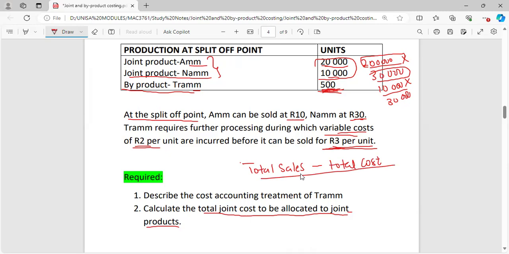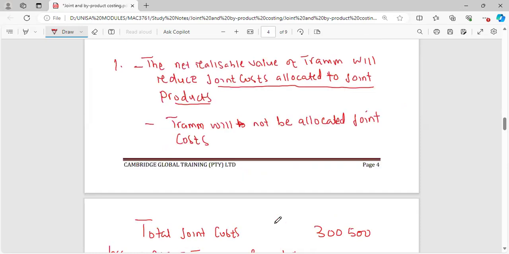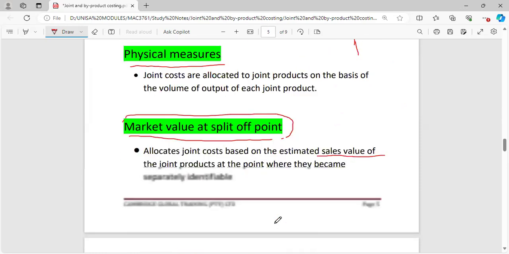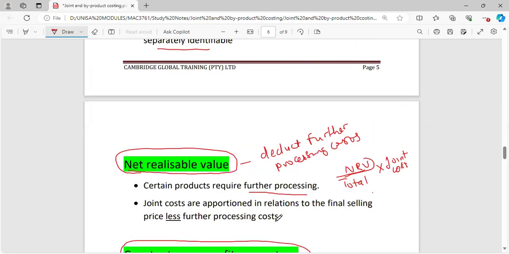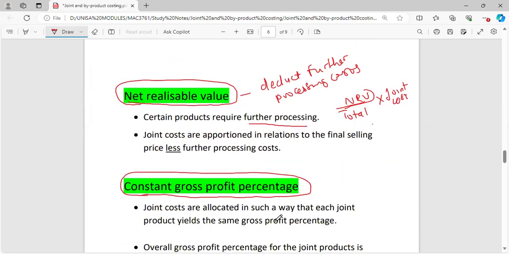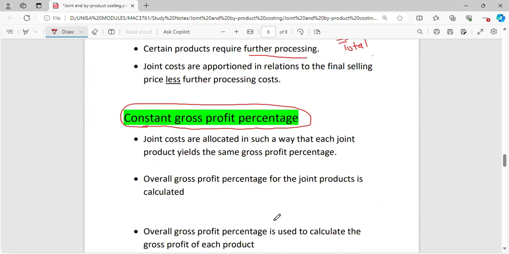Then you are going to have your gross profit. Then you express that gross profit as a percentage. When you express that gross profit as a percentage, you can now determine the gross profit for each product based on the percentage that you got for all.